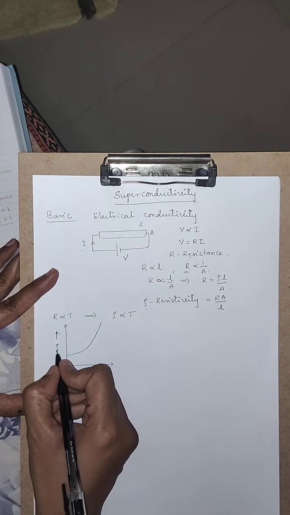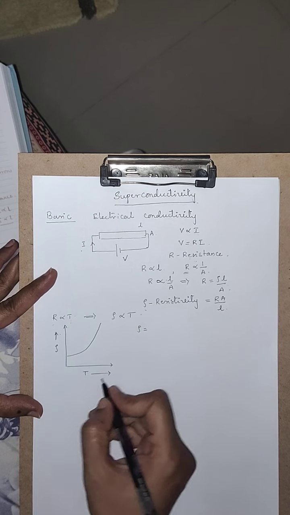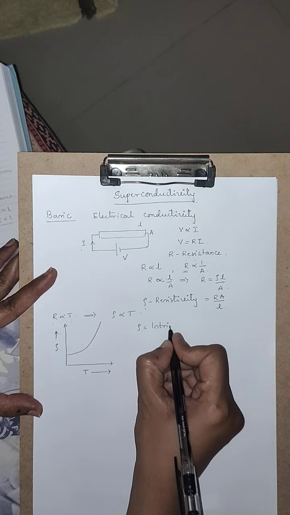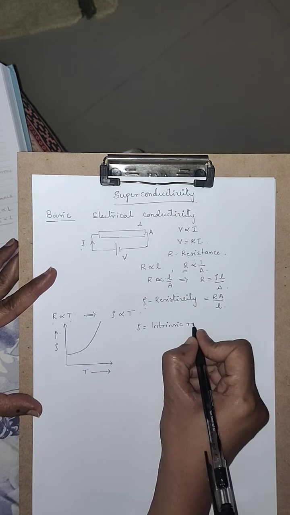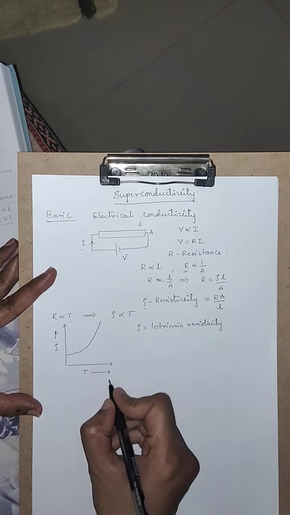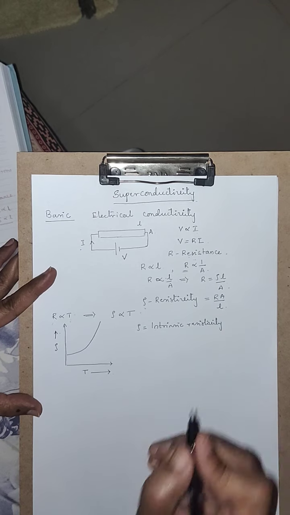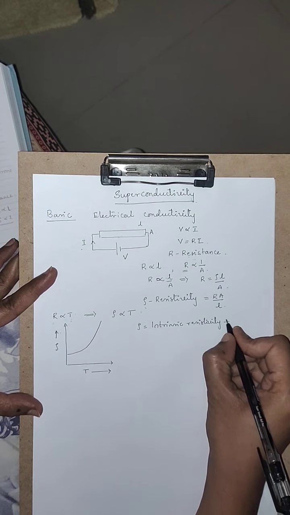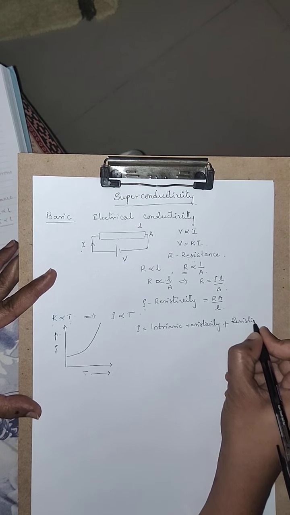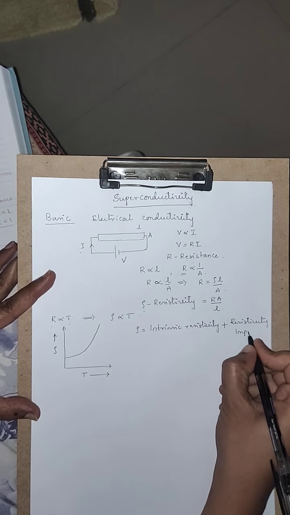Now, this total resistivity is the sum of two types of resistivities. One is the intrinsic resistivity, which is due to the internal atomic resistivity of the material, plus the resistivity due to impurities in the material.